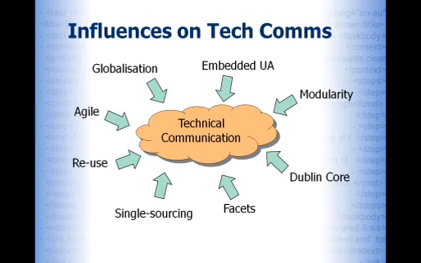So here are a few of the things that are pushing on the technical communication profession: globalization, the need for embedded user assistance, modularity, metadata standards like Dublin Core, the idea of faceted navigation, single sourcing, reuse, agile development teams, etc. All of those influences mean that technical communication has to change.